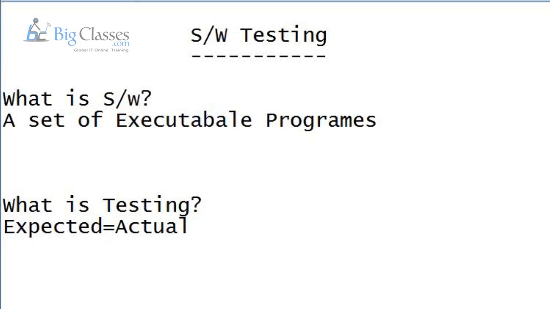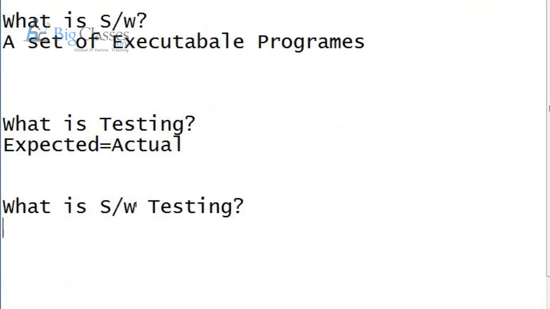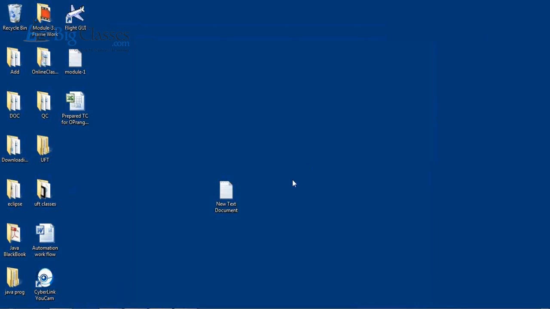Now let us discuss the main definition of software testing. What is software testing? See guys, I will explain with a small diagram, try to understand it.